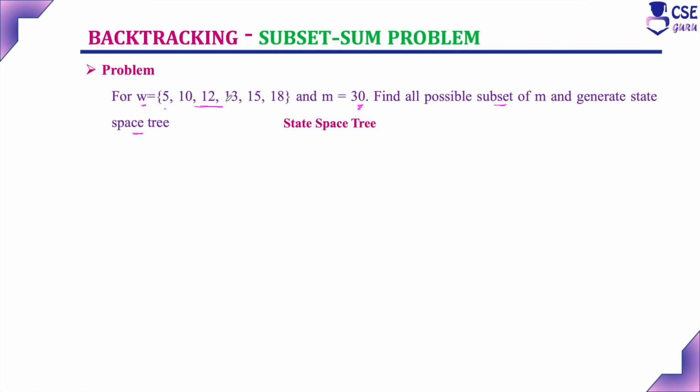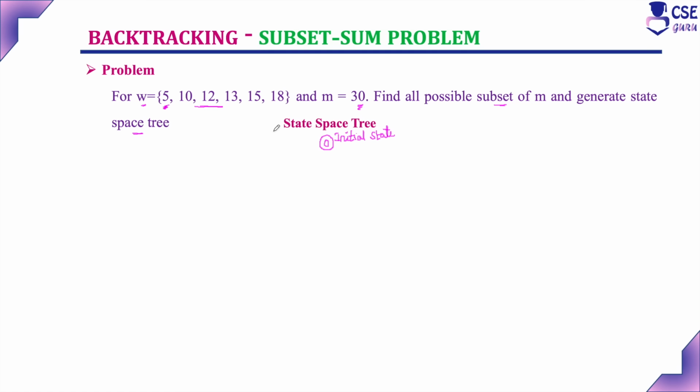The state space tree starts with the initial solution. Here the initial solution is 0. This is the initial state. From this initial state, at every level we will consider one element and construct the next level, and we will check whether we are getting the sum or not. Consider the first element.